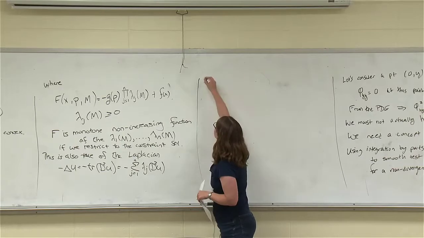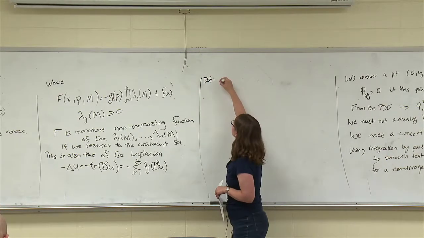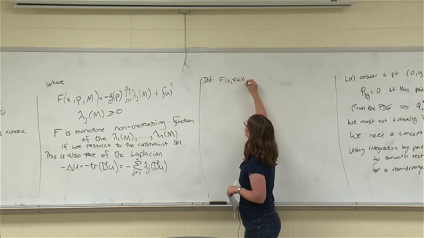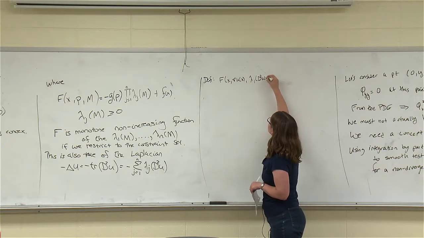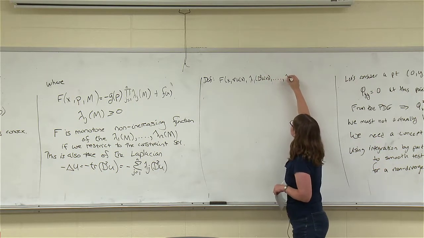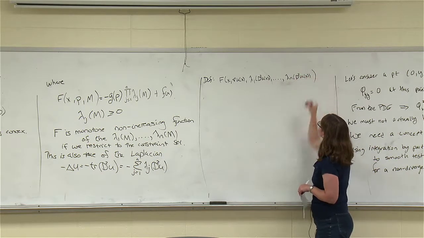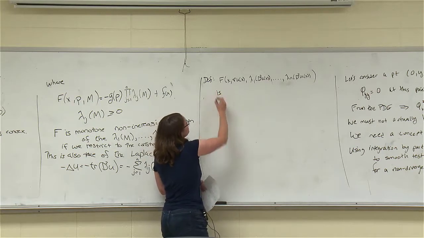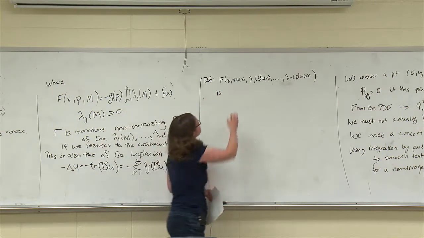Okay, so f of x, grad u of x, and let's write it as a function of the eigenvalues of our Hessian matrix, is an elliptic operator or a degenerate elliptic operator.